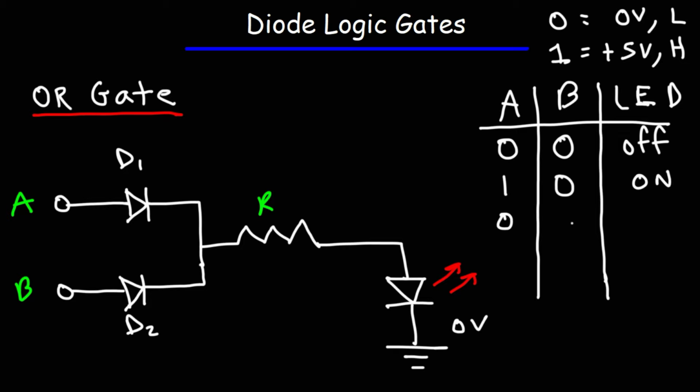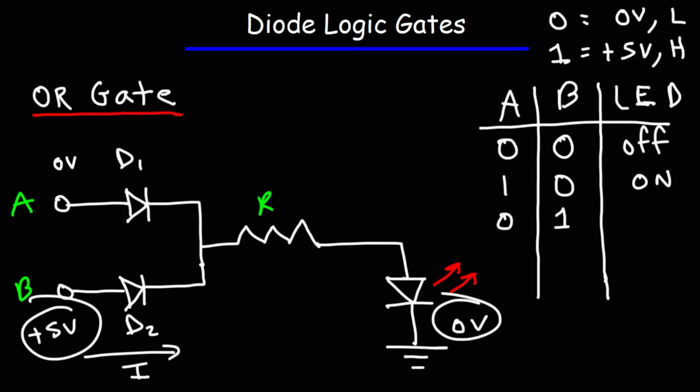Now what about if A is 0 and B is 1? In this case, B is on, A is off. So no current will flow through A. But we're going to have a current flowing through D2 because current will flow from a high potential to a low potential. And thus the LED will be on.